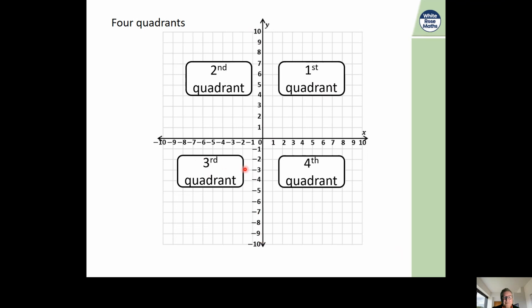It's going to have to be here. Here we've got a positive and a negative. So if we've got two positives, we're here. If we've got a negative and then a positive, we're here. Two negatives, we're here. What about this one? That's right, a positive and then a negative coordinate.